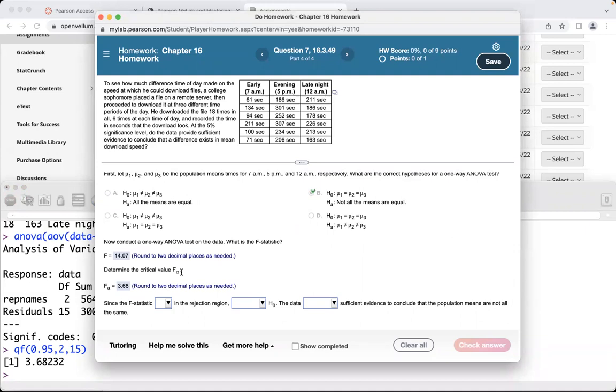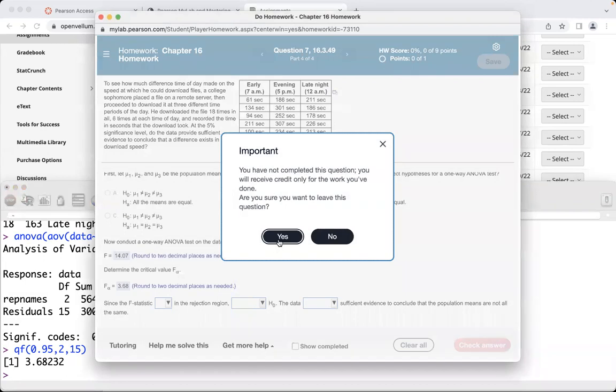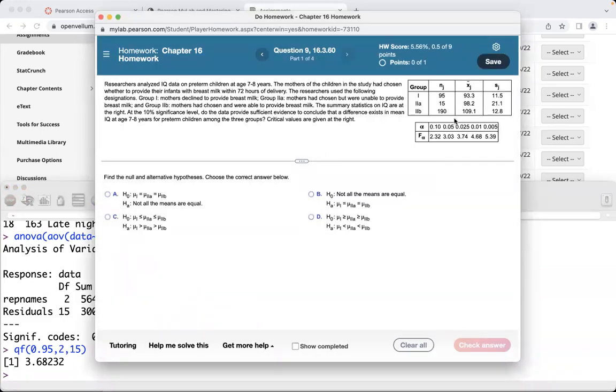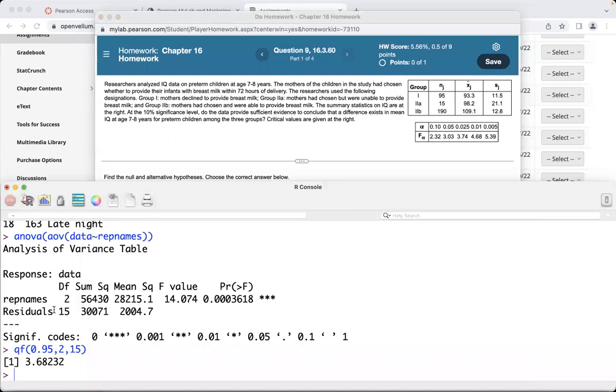So that's how you run the Anova test using R. There aren't really many other variations that we need to worry about. There is one more homework problem here, the last one, and notice that it has different sample sizes. The way that I have the test set up, it's going to work regardless of whether your groups have different sample sizes or not.